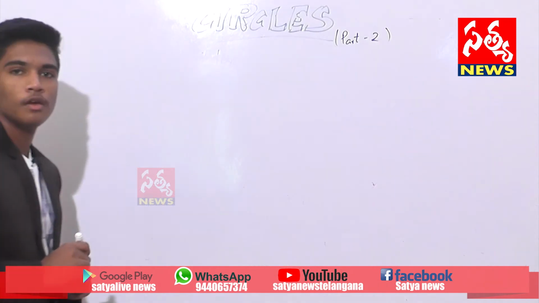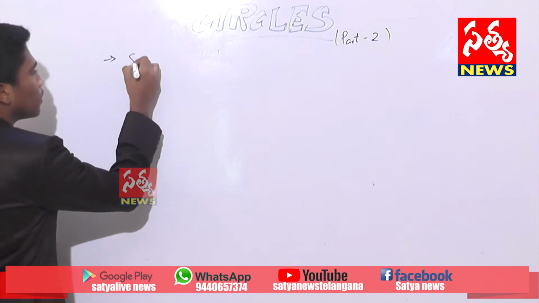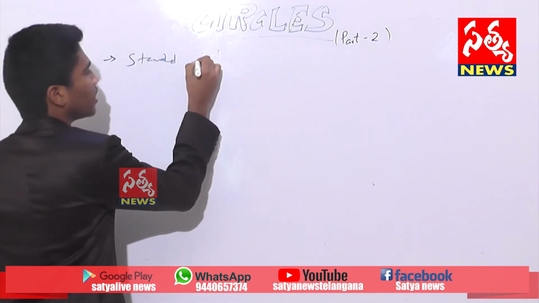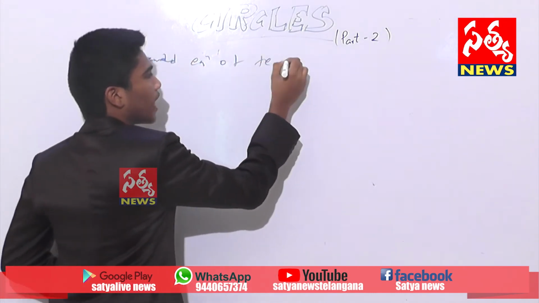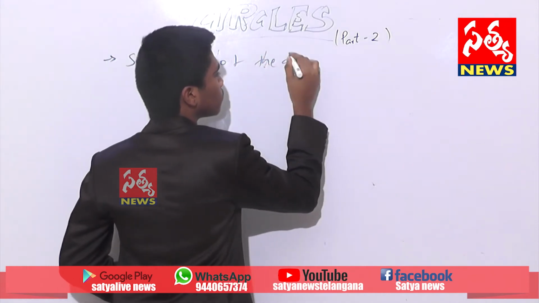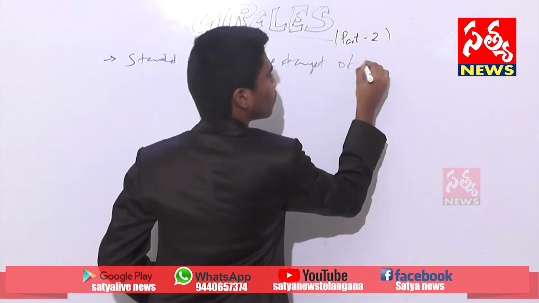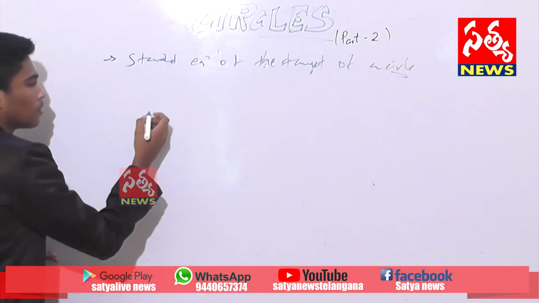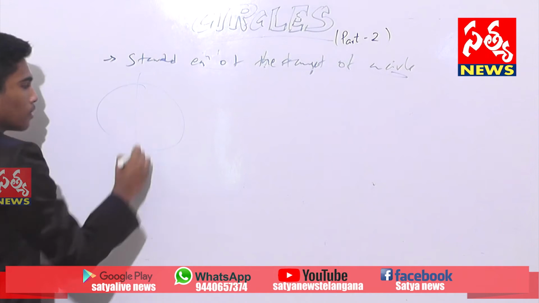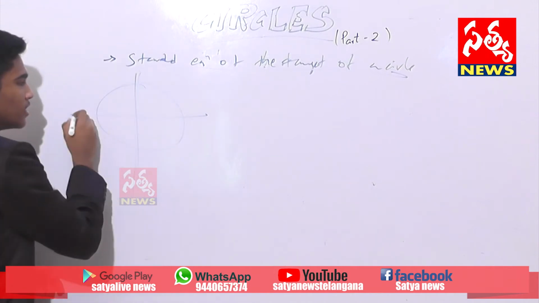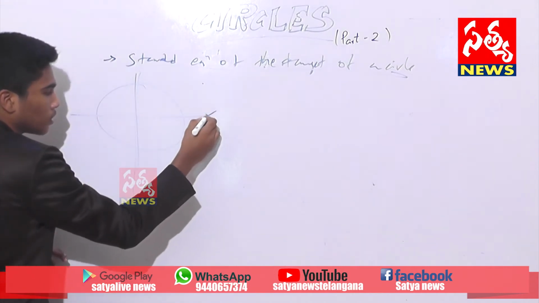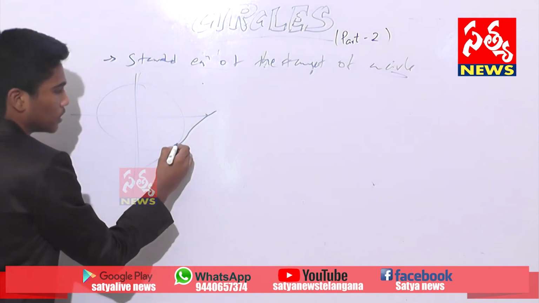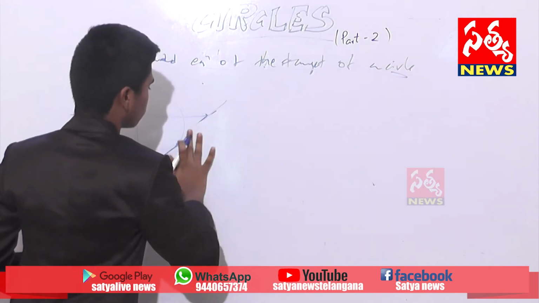Okay, the next is standard equation for the tangent of a circle. As we discussed before, this is the tangent to a circle.